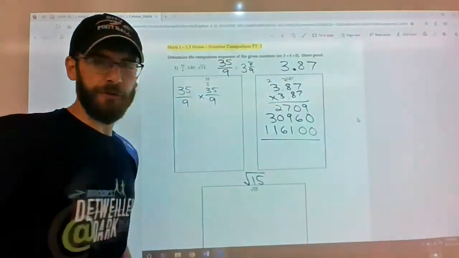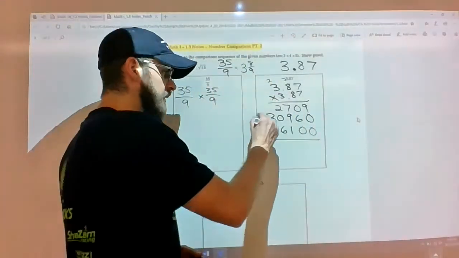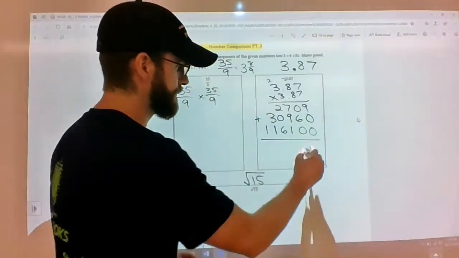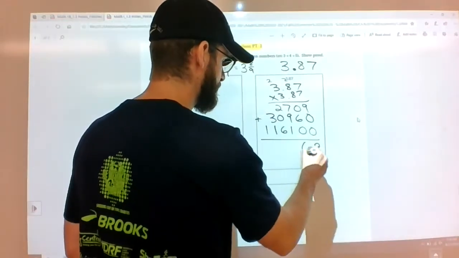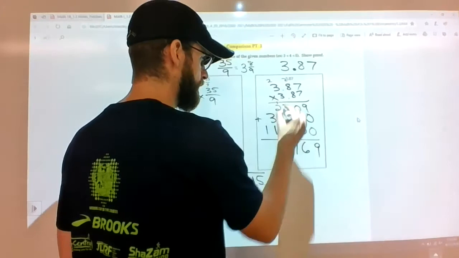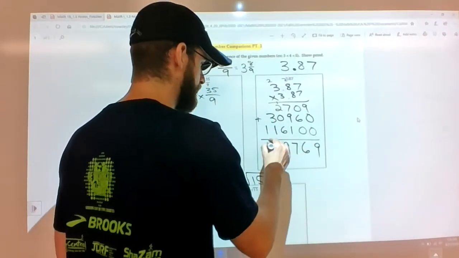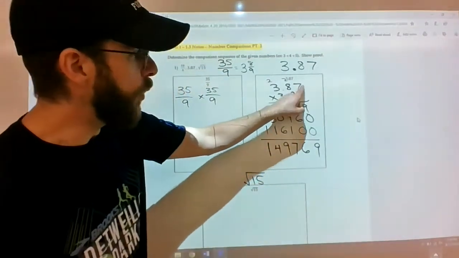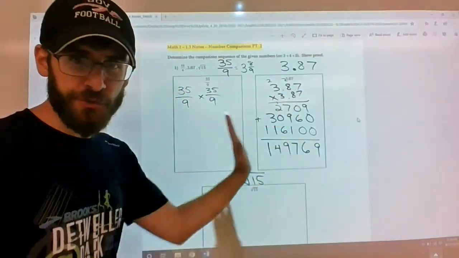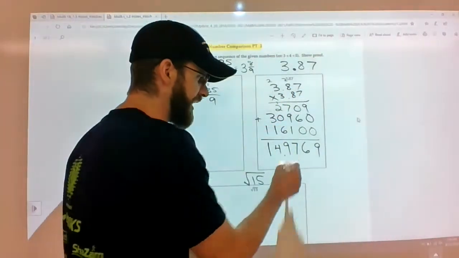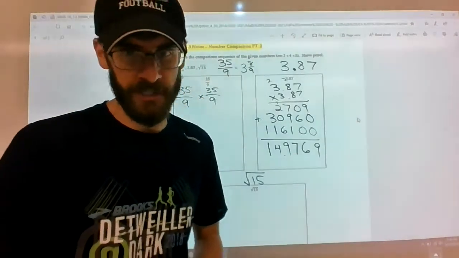And that should be your third row. At this point, you should add the columns. And then you are 1, 2, 3, 4 digits right of the decimal point, which means you're going to have 4 digits right of the decimal point in your calculation.